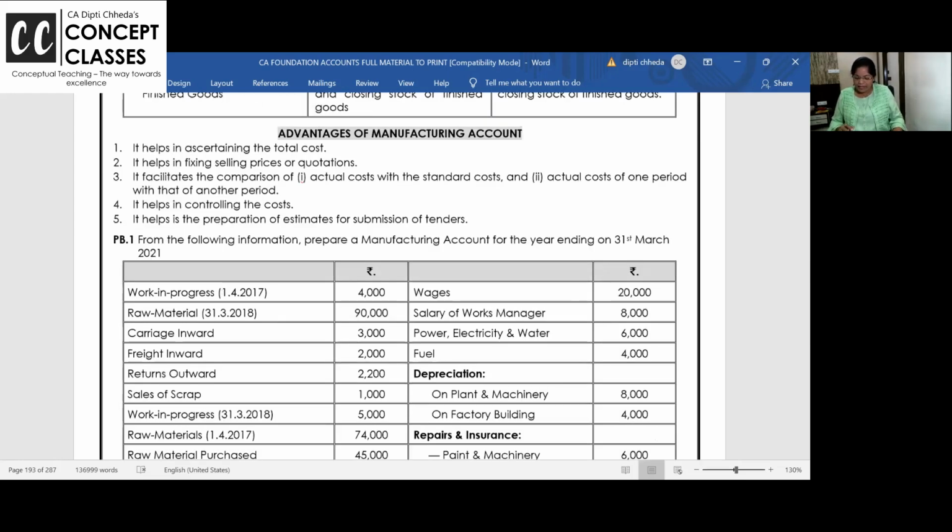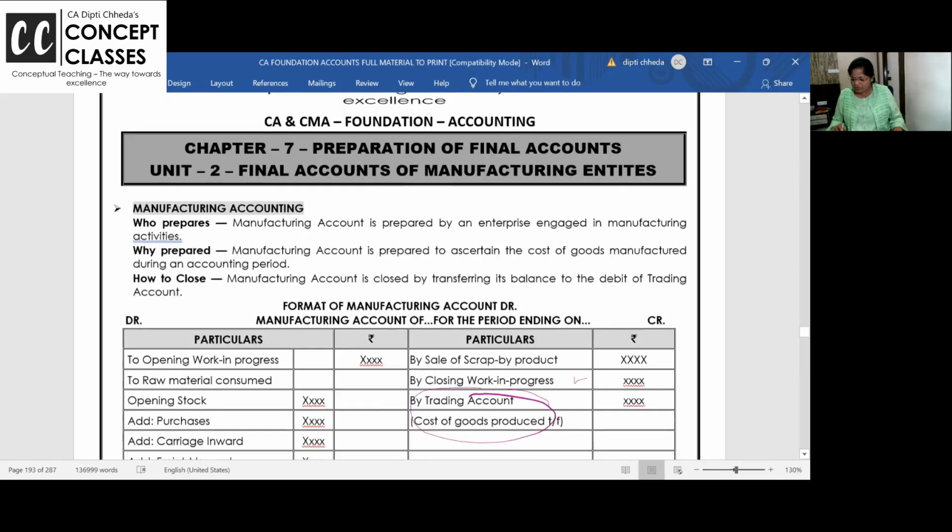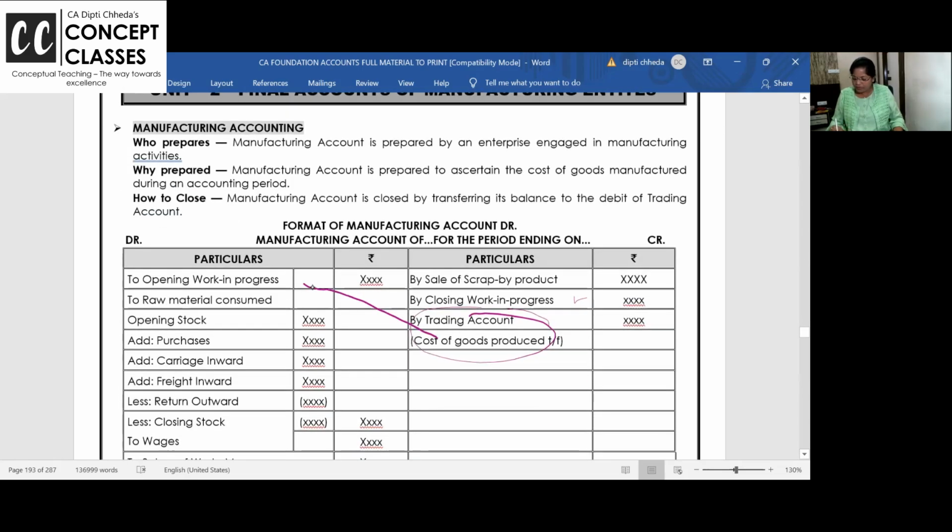When I am turning raw material into finished goods, there is this journey, no? From raw material to finished goods, in between you are getting sale of scrap. I told you manufacturing units get different kinds of scrap, every manufacturing unit. That byproduct, if you take it on the credit side, will reduce your finished goods cost. If your finished goods cost you 1 lakh, but by selling the byproduct you get even 1,000, your finished goods cost will become 99,000.